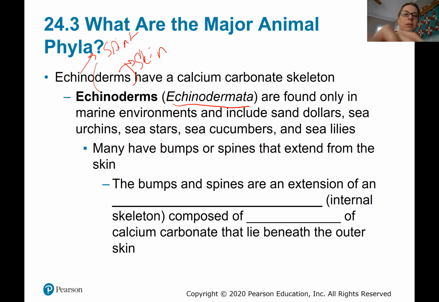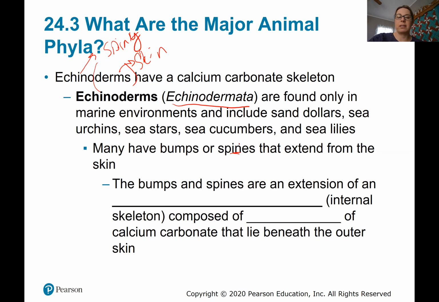So echinoderm means literally spiny skin. And these are going to be things like sea stars, which used to be called starfish, sea urchins, and those kinds of things. And those little bumps or spines that most of them have is kind of what gives them their name.